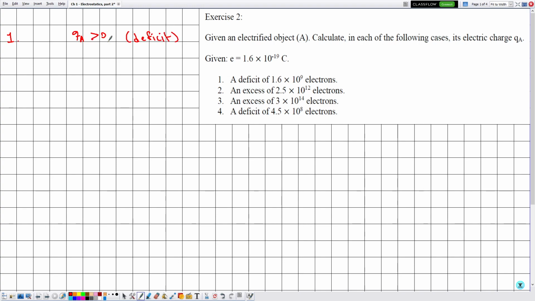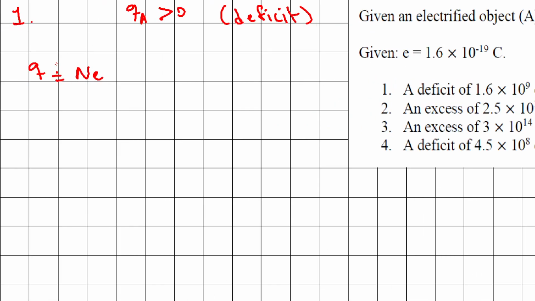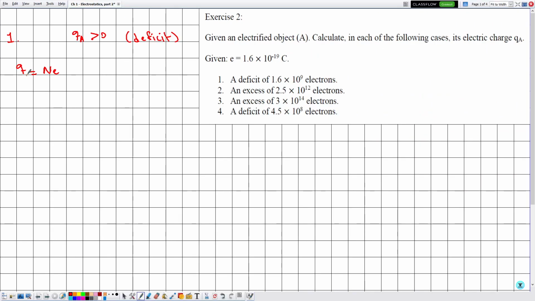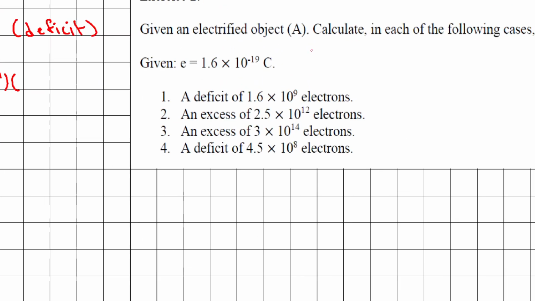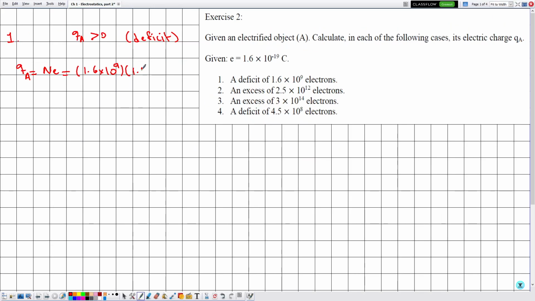Since this is a deficit, the formula is given by Q, which is N multiplied by E. No need to flip anything, because this is the quantity that we want to calculate. This is QA. The number of electrons is given by 1.6 times 10 to the power 9, and the elementary charge is given here, and this is a constant.